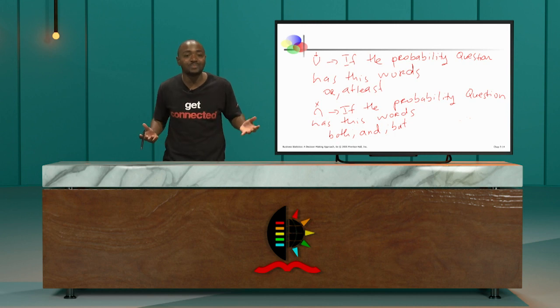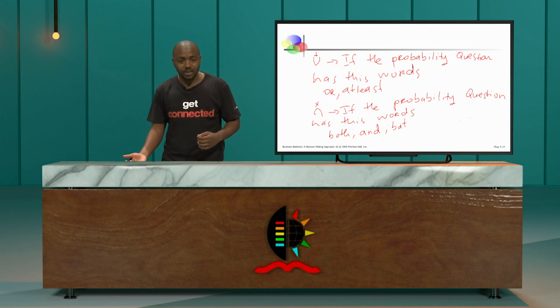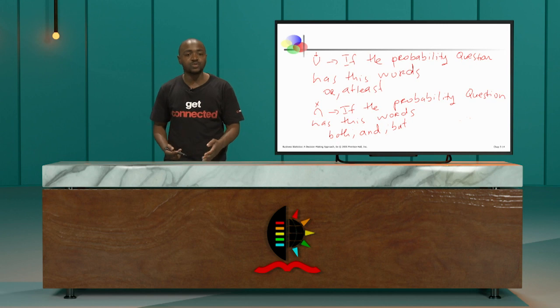If events can't happen simultaneously, you use the addition rule, which is why we use the union to find the probability of A or B. Under the multiplication rule, if you're asked the probability of events which can happen simultaneously, then you'll use the intersection, hence the multiplication rule.